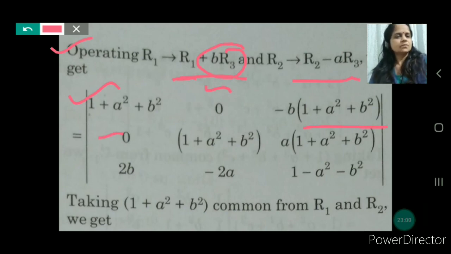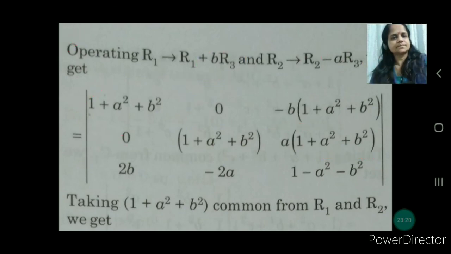For the second row, r2 minus a r3 means multiply the elements of r3 with a and then subtract from r2. You will get 0, 1 plus a square plus b square, and a into 1 plus a square plus b square. r3 remains unchanged.